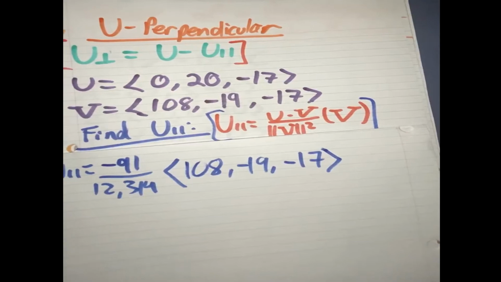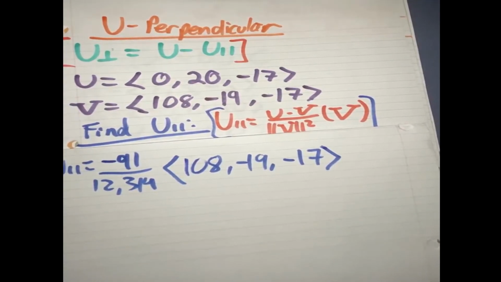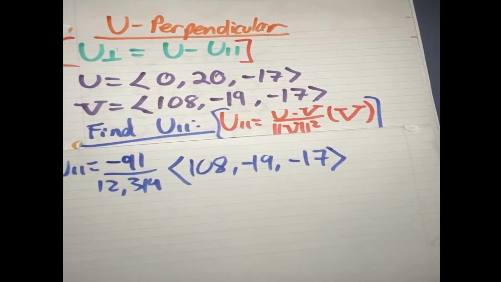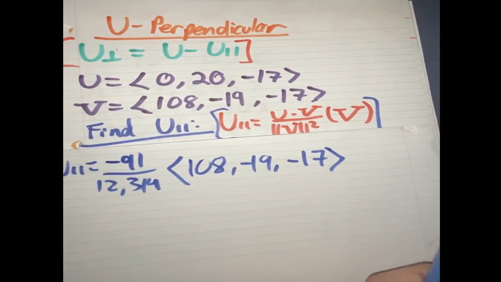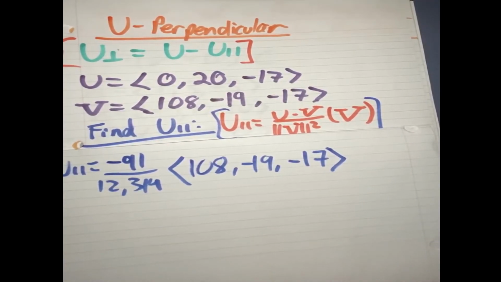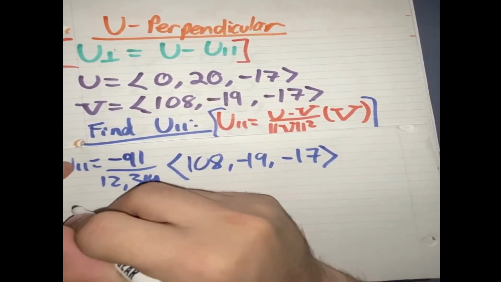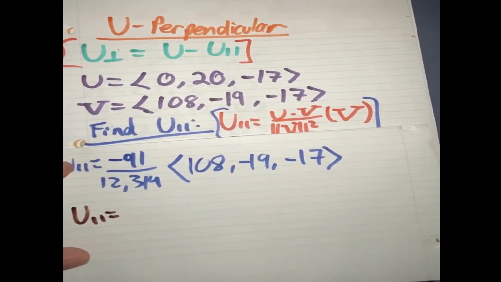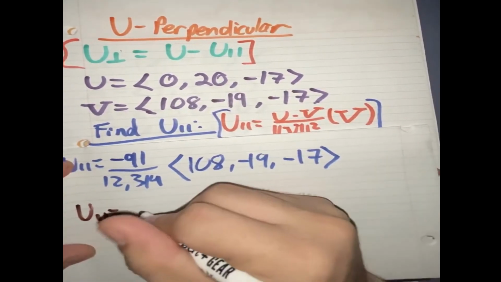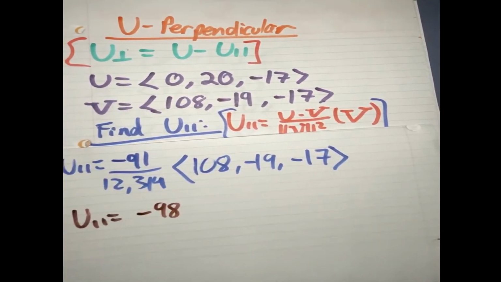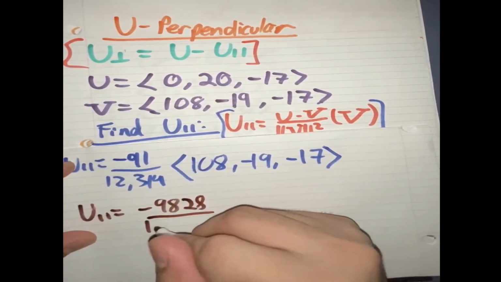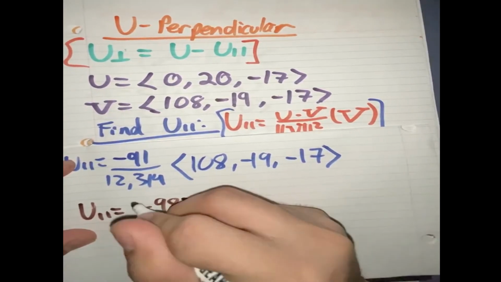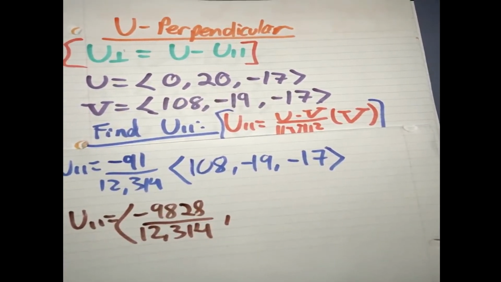And whenever we compute these numbers, we get some very, very high weird numbers that I'm just going to use my calculator for. So let's see. So 108 times negative 91. So U parallel is equal to negative 9,828 divided by, and yeah, you could go a step further and reduce these, but I'm not going to for simplicity's sake.